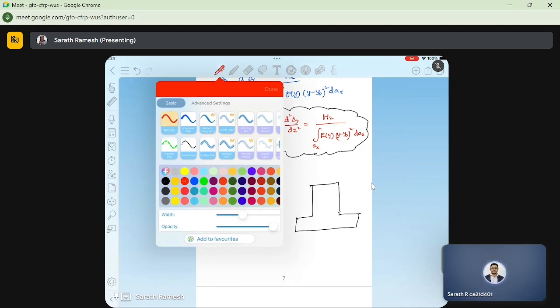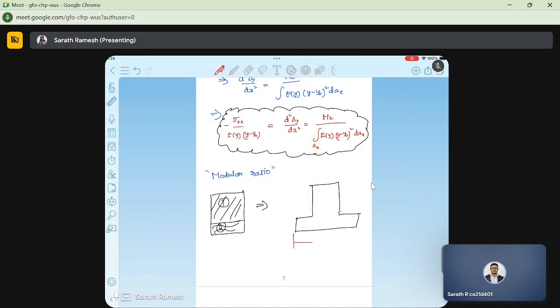Say this is B, this is small d, and this is E. Now my material 1 Young's modulus is E1 and material 2 is E2. Now I define M, which is called the modular ratio, as E2 by E1, right? And I just multiply this with MB.